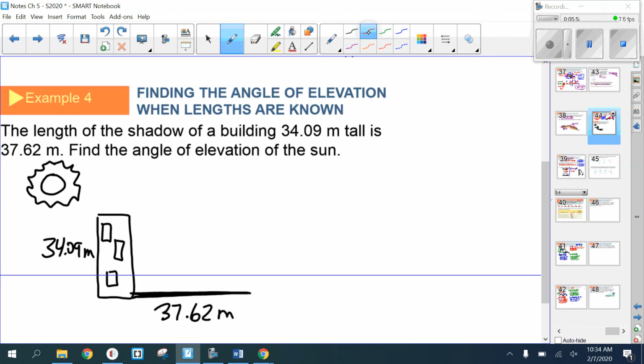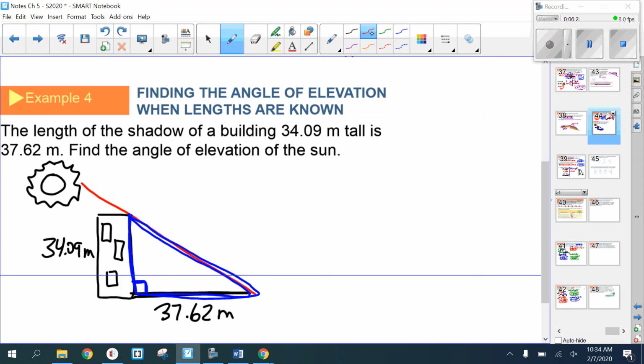Again, if you think about it, that sun is shining and it's going to be making a triangle. We've got this triangle formed. Assuming this is not the Leaning Tower of Pisa, this is a 90-degree angle right there. So we're looking at a right triangle here, and they want the angle of elevation.